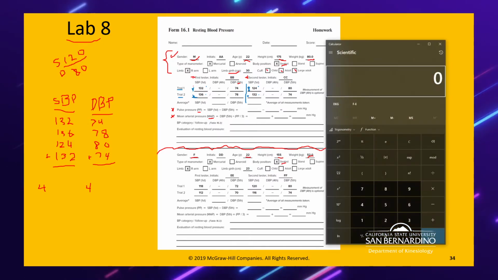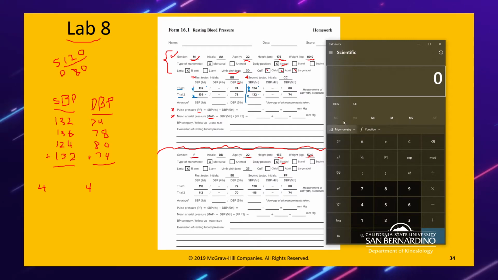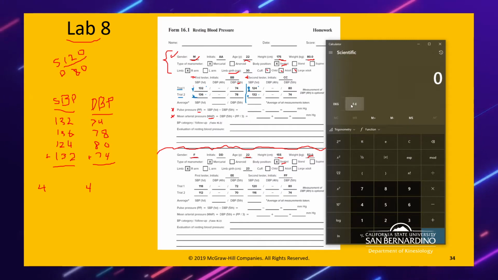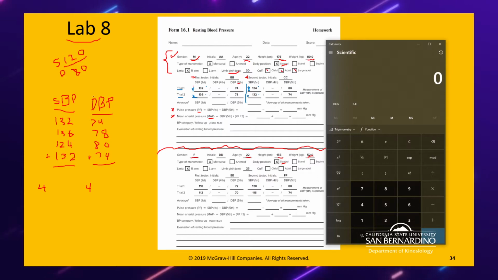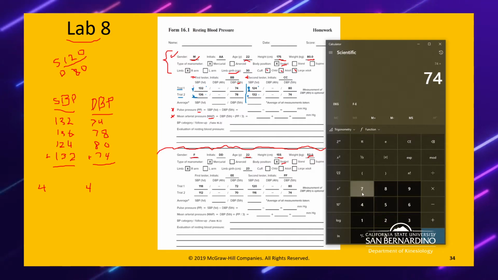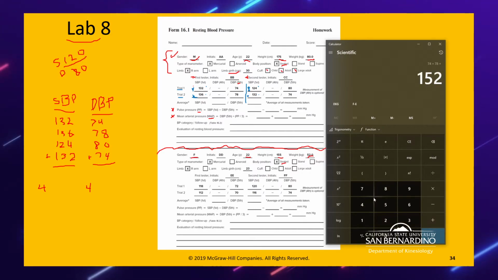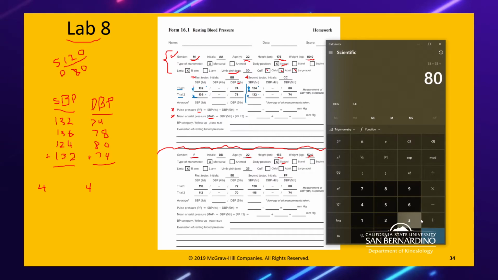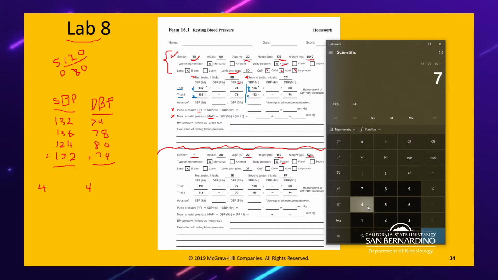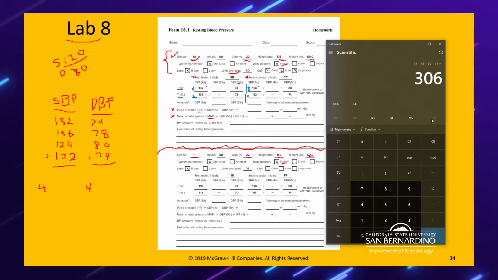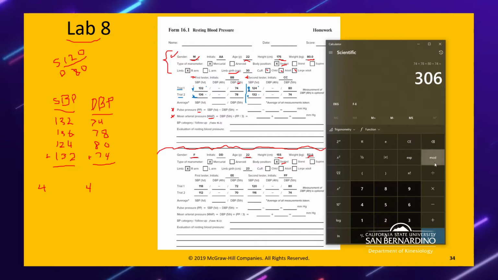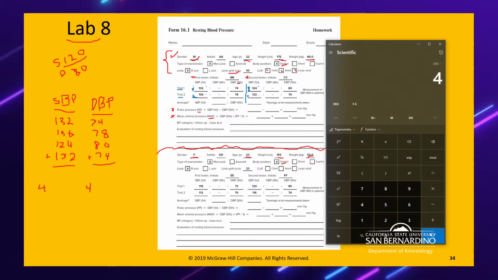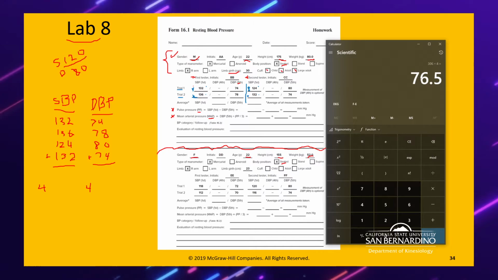So I'll bust out my handy dandy calculator, and we'll do the diastolic pressure first. So 74 plus 78 plus 80 plus 74 is 306, and we divide by the 4, and that should give us 76.5.